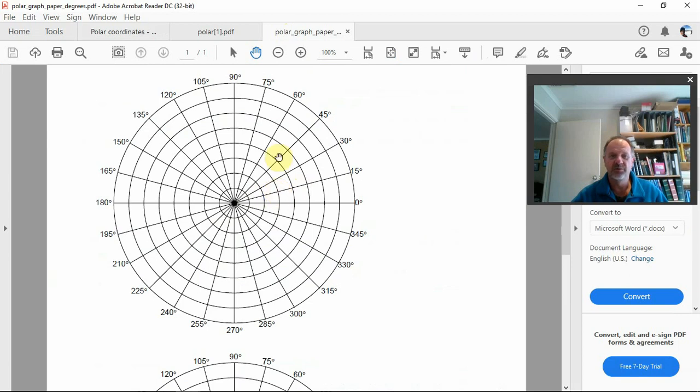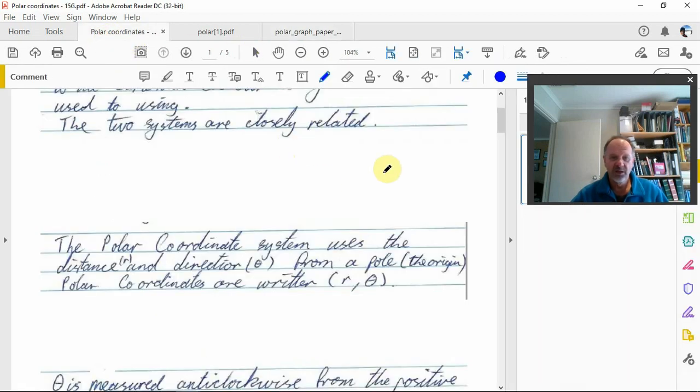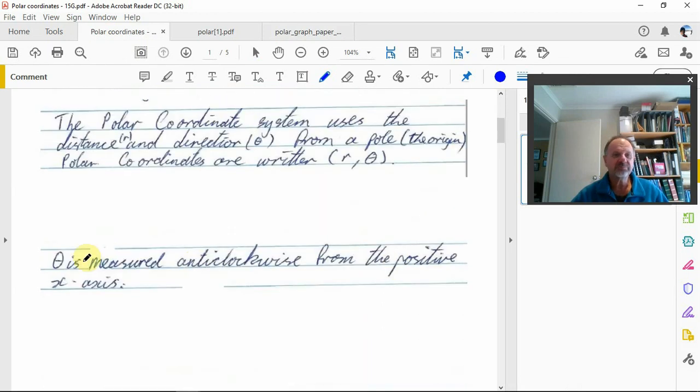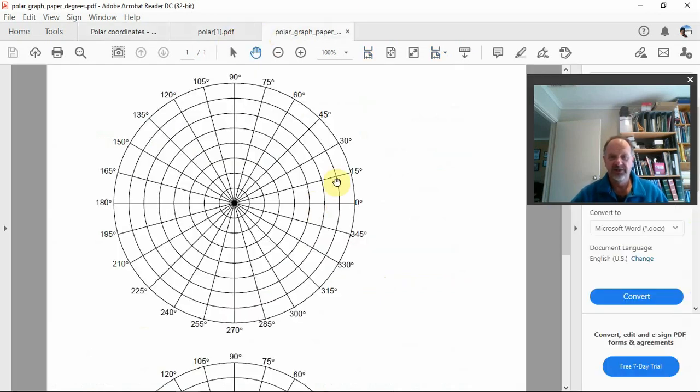All right, so we know what that point is. It's written r, theta, so the distance and then that angle. And theta is measured anti-clockwise from the positive x-axis. So there's our polar graph paper, positive x-axis, the same way.